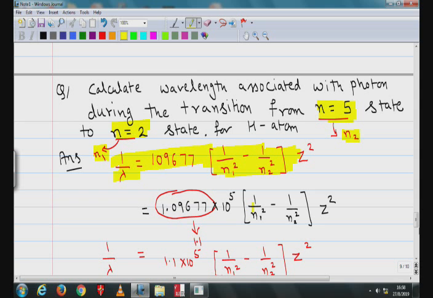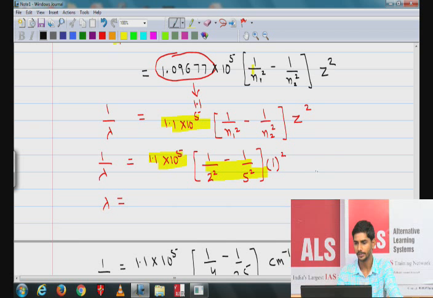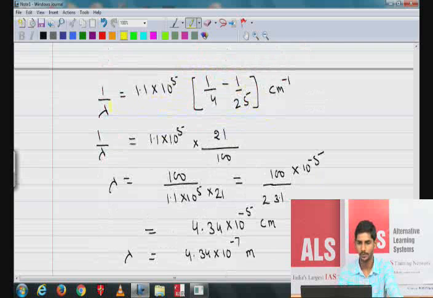That's why I have taken it as n2, and n1 will be n equal to 2 because this is the smaller value. What you have to do is just put these values in this formula. See, I have put these values. Here, unit will be centimeter. Now you have to just solve it. This is 1 by lambda.